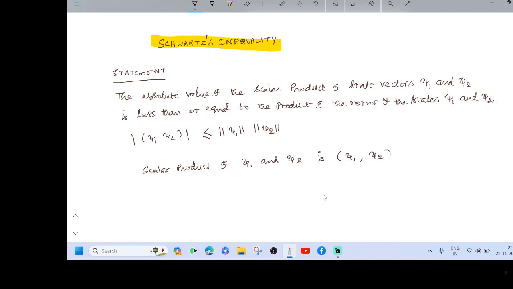This is the bra psi1, ket psi2. Then the scalar product psi1, psi2 is equal to the integral of psi1 star psi2 into d tau. This is the meaning of the scalar product of psi1 and psi2.